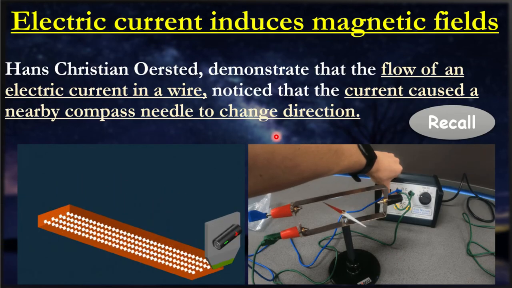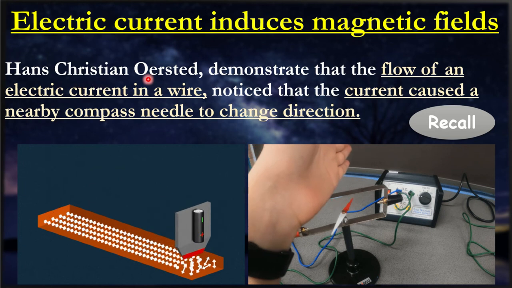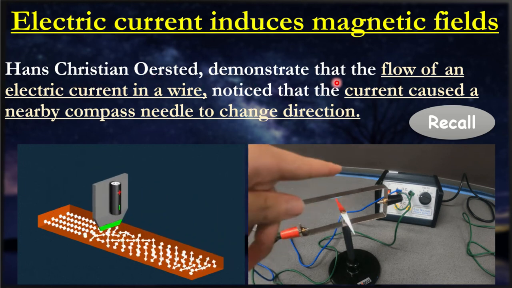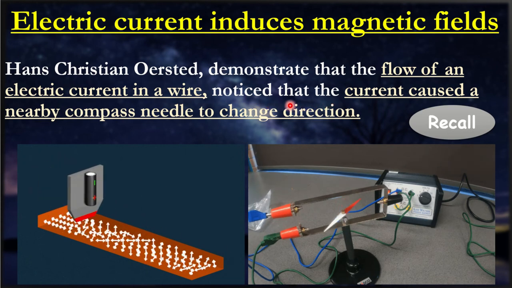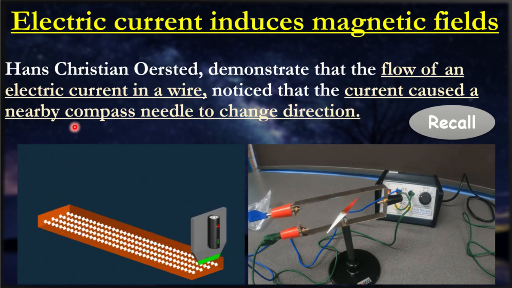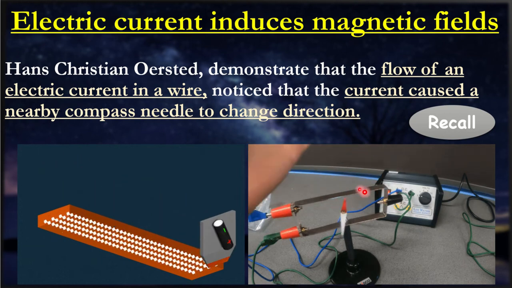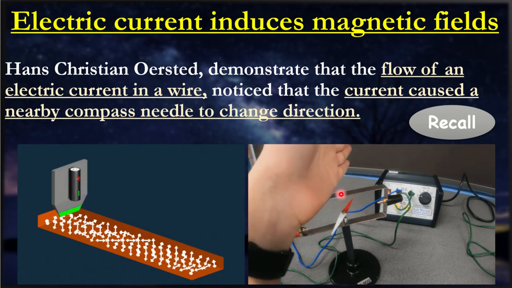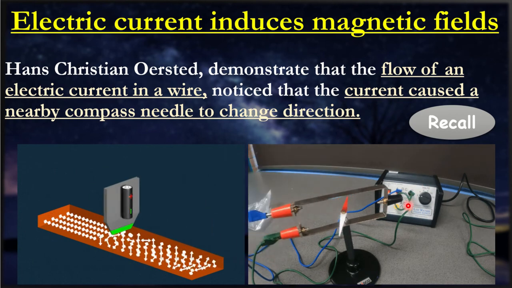Okay, so let's just quickly recall what we talked about before. Hans Christian Ørsted demonstrated that when an electric current flowed in a wire, the needle nearby would change direction. So you can see in this apparatus that I have here, these two metal bars are connected to a power circuit.